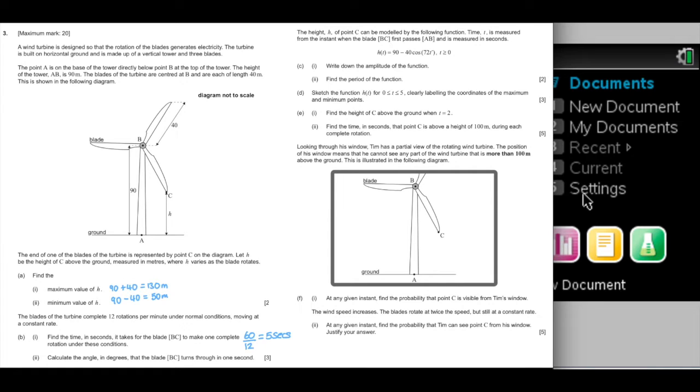So essentially you're saying 5 times what gives me 60, okay? Or 12 times what gives me 60. So it's 5 seconds each. And then calculating the angle in degrees that it therefore goes in every 1 second. So if it takes 5 seconds to do a full rotation, then every second it's going to take 360, which is the full circle, divided by 5.